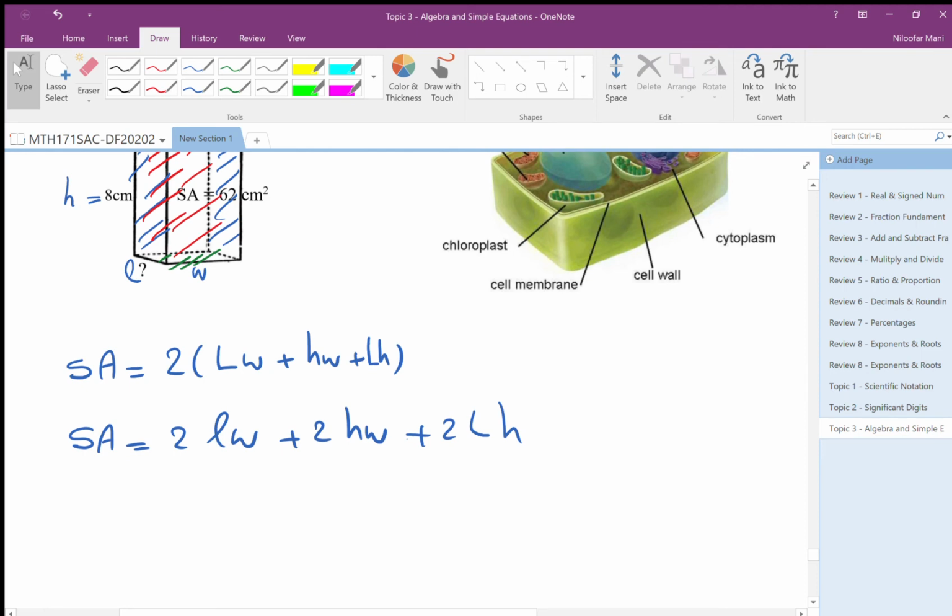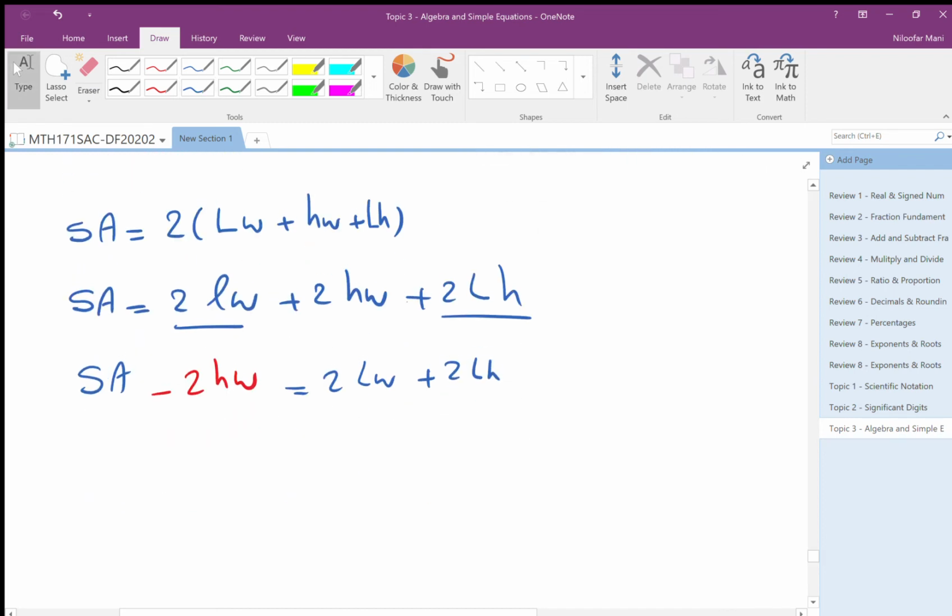So this one and this one together, and then SA minus 2HW equal 2LW plus 2LH. Then I want to solve for L, so I factor L. So I have SA minus 2HW equal L times (2W plus 2H).